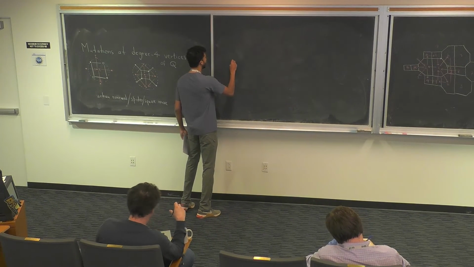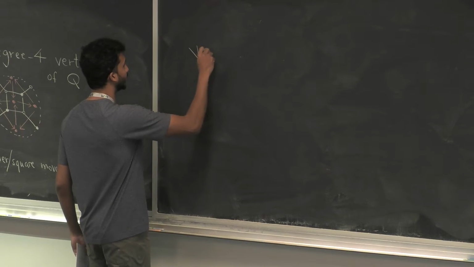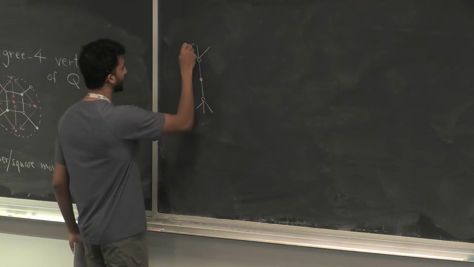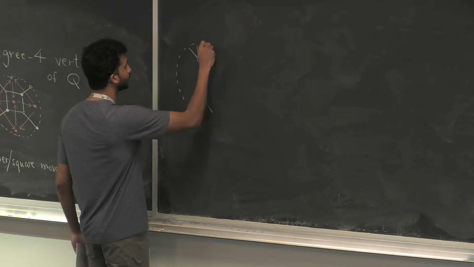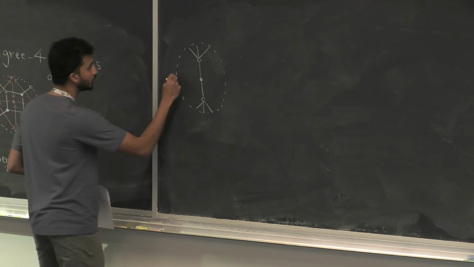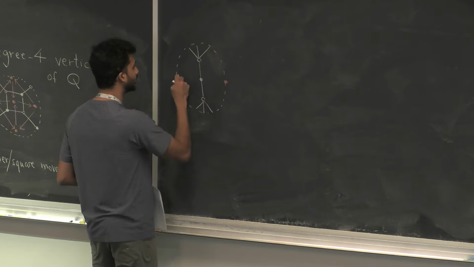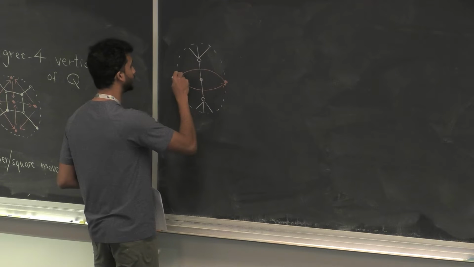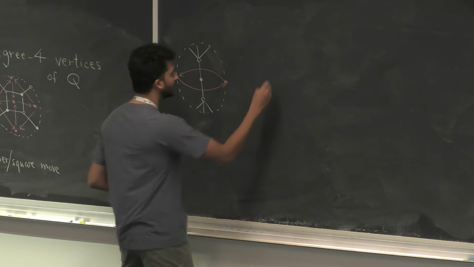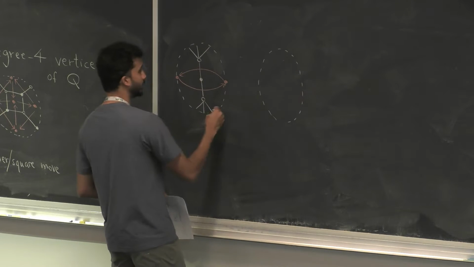If you have a 2 cycle in your quiver, then that corresponds to a degree 2 vertex in your bipartite graph, something that locally looks like this. And if you remove it, then you're replacing that picture with this one over here.